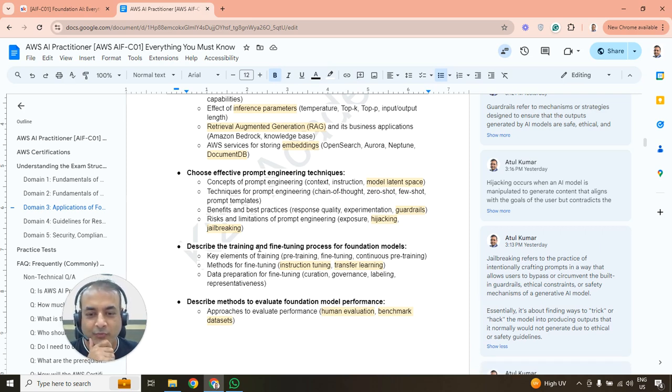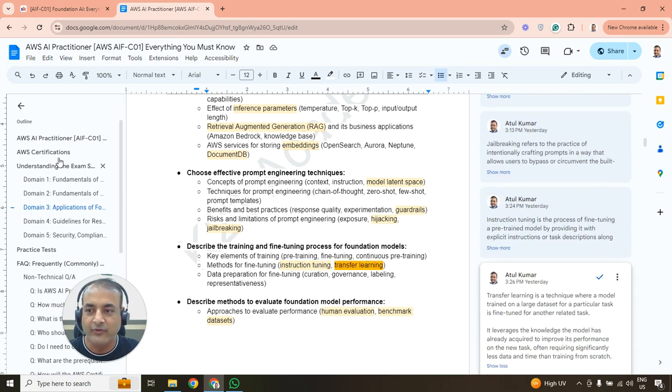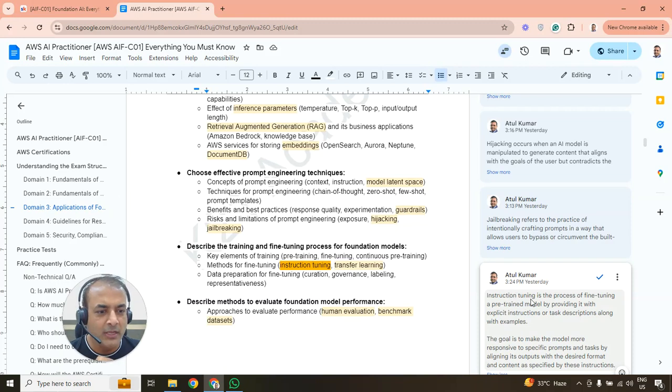Then also the training and fine-tuning processes of foundation models, like pre-training, fine-tuning, continuous pre-training, and so on. And also the methods for fine-tuning, like instruction tuning and transfer learning. Instruction tuning is a process of fine-tuning a pre-trained model by providing explicit instructions or a task along with an example.